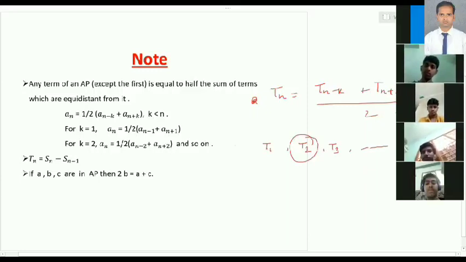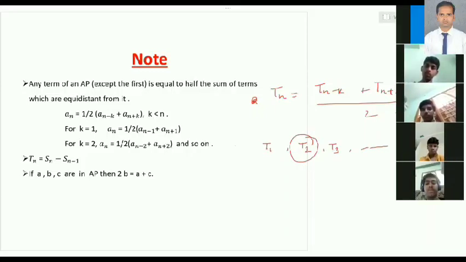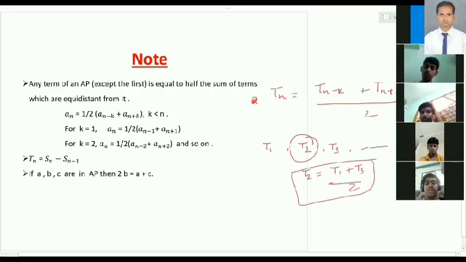If you come one term after, you will get the third term. It means this second term will be equal to T1 plus T3 divided by 2. This is the rule of AP. If A, B, and C are in AP, then B will be equal to A plus C by 2. We can say, or not? By the same rule, this will also come.